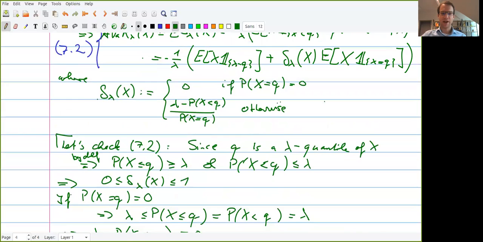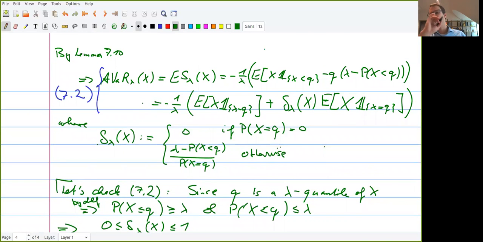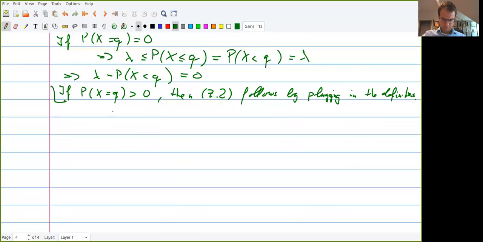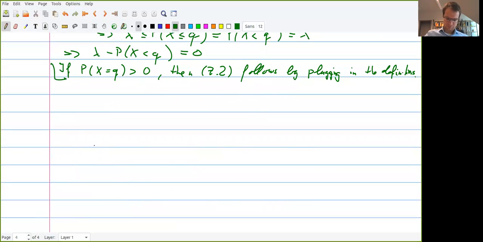All right, so we have this nice representation 7.2, and we want to use this to show that the average value at risk, or here the expected shortfall at lambda, is subadditive. Okay, let's do this.